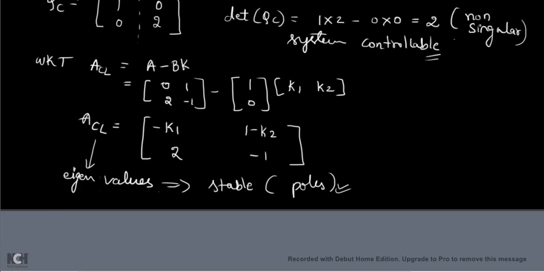What is the formula to find eigenvalues of ACL? How to find the eigenvalues? You have to take determinant of sI minus A equal to 0. You know that eigenvalues formula.